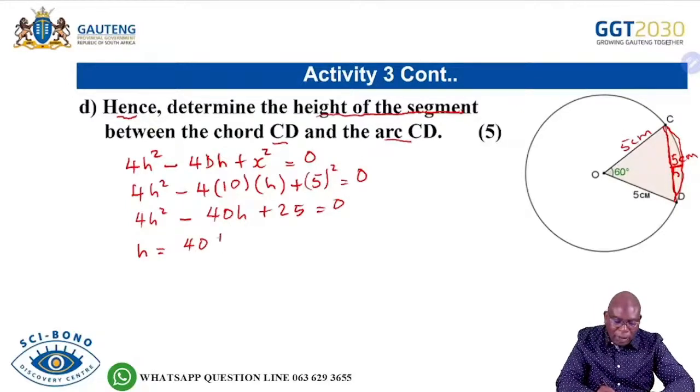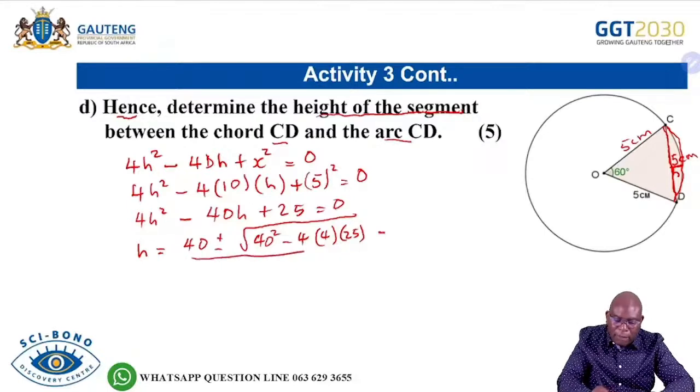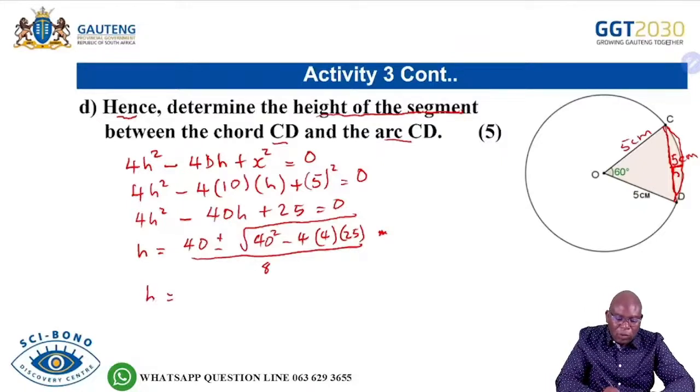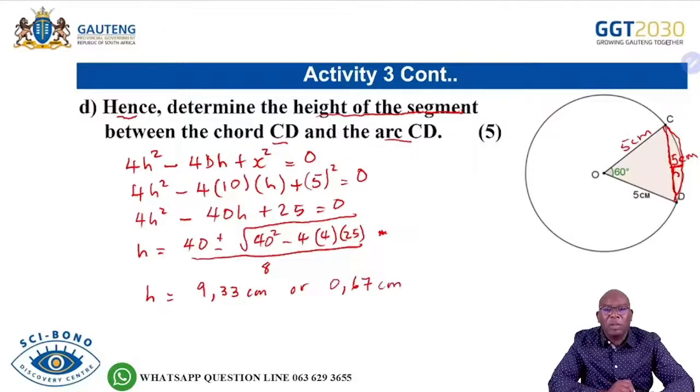Then I'm going to have plus minus the square root of 40 squared minus 4 into 4 into 25, divided by 8, because that will be 4 times 2, which is 8. So the h value, if I use my calculator correctly, I'll have 2 values here. One will be 9,33 centimeters, or the other one will be 0,67 centimeters, correct to 2 decimal places.